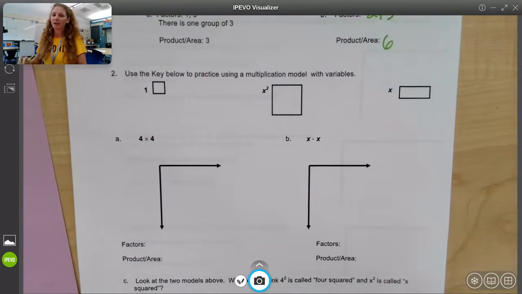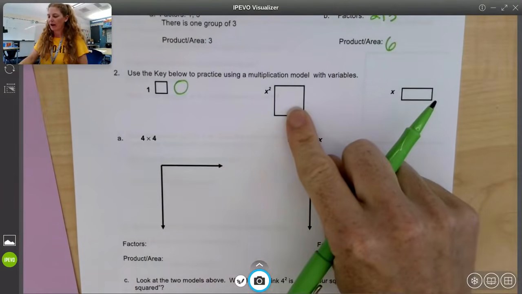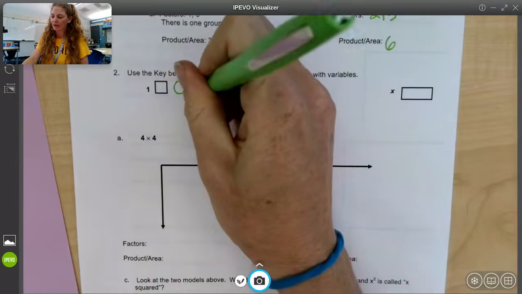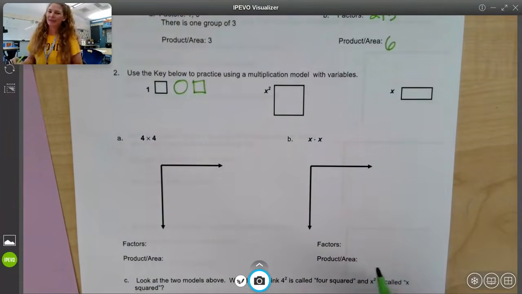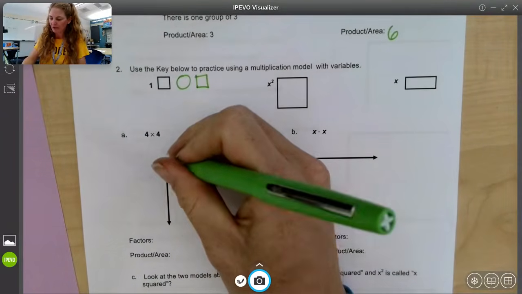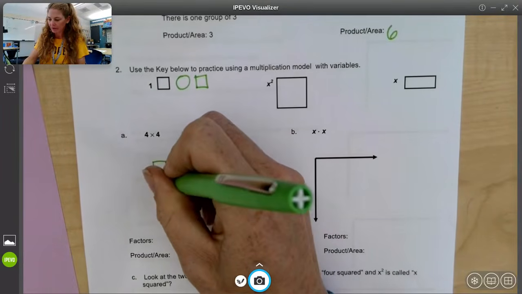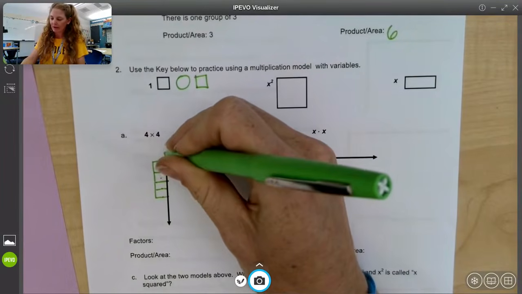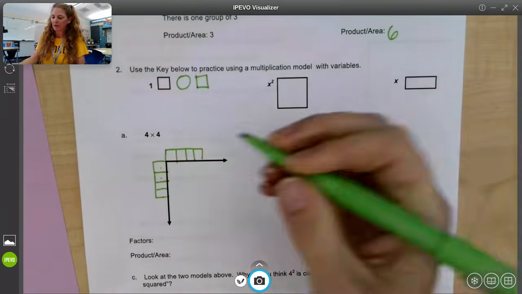A little reminder, for a single one, we like to use a circle, an x squared, or an x, but in this case we are going to use a little square for our singles to make the modeling easier. So when we have a 4 by 4, we have 4 being multiplied, so we're going to make 1, 2, 3, 4 little squares on the outside times 4 with 1, 2, 3, 4.